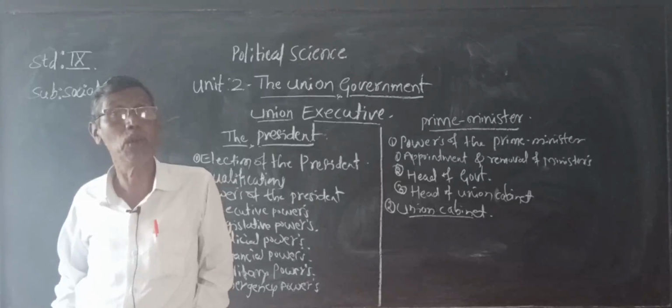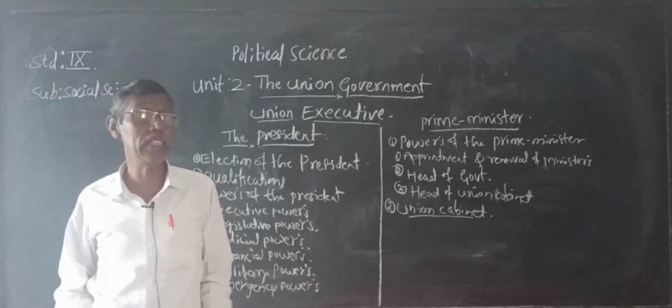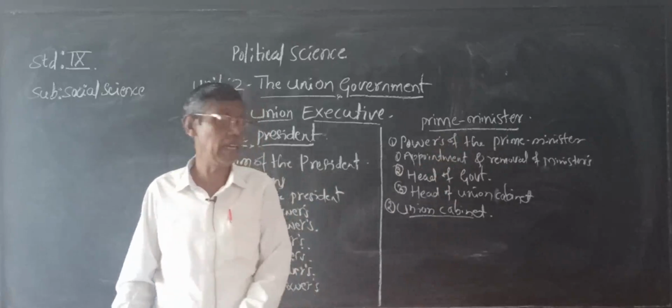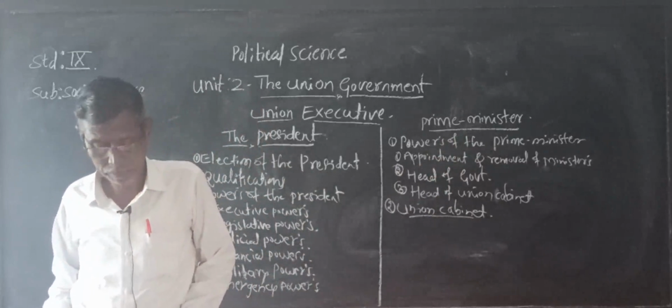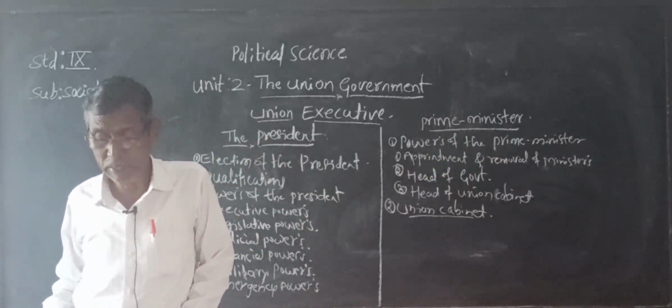If he holds any office of profit under the government, he should resign his post. Then he can contest the election of the president. These are the qualifications required to become a president of India.